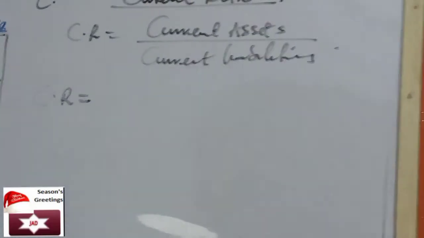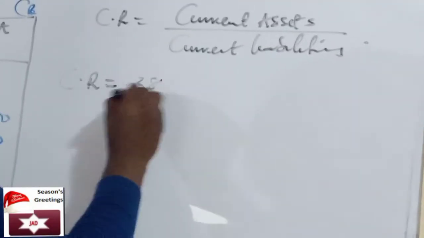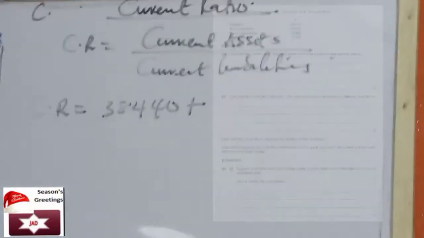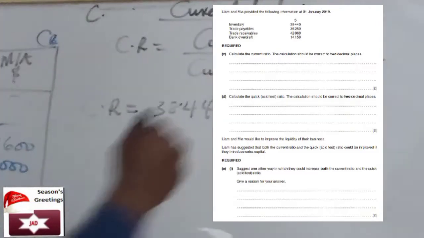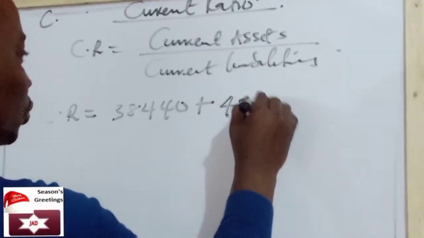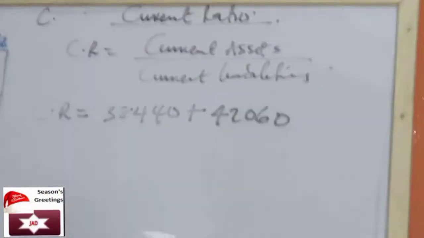Your current ratio will be equal to inventory, which according to the question is 38,440, plus trade receivables of 42,060. I think that's about the items.